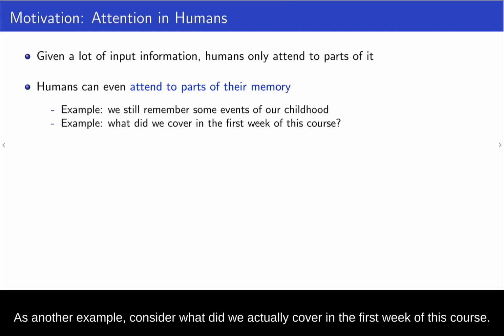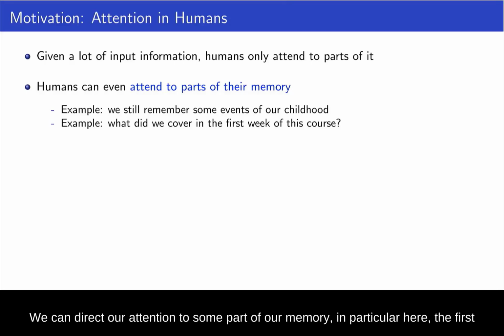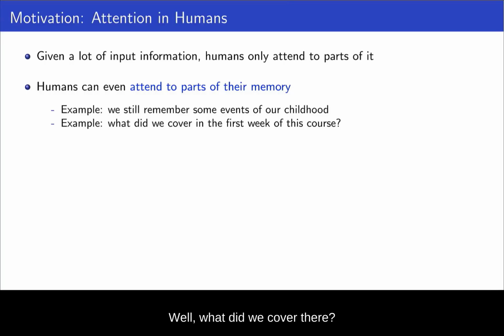As another example, consider what we actually covered in the first week of this course. So we can direct our attention to some part of our memory, in particular here, the first week of this course. Well, what did we cover there? We covered something about the motivation for deep learning. We covered something about the history of deep learning.